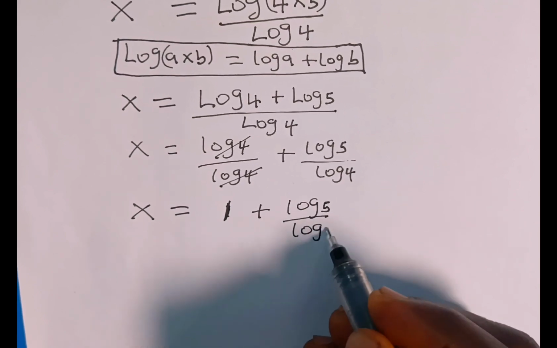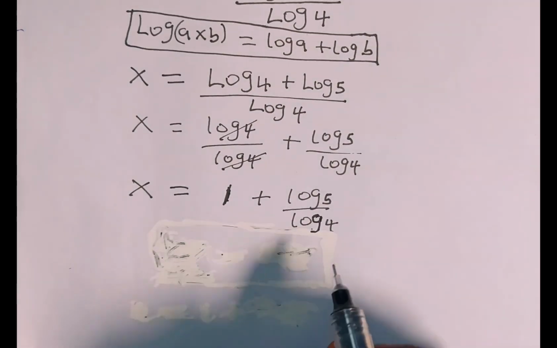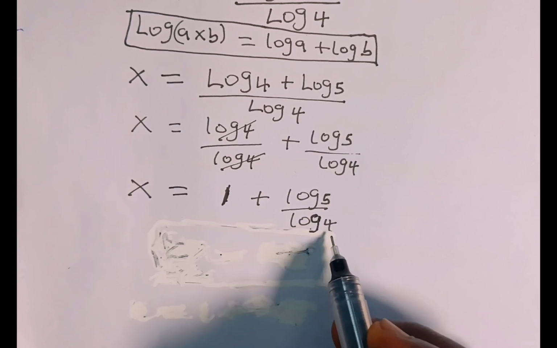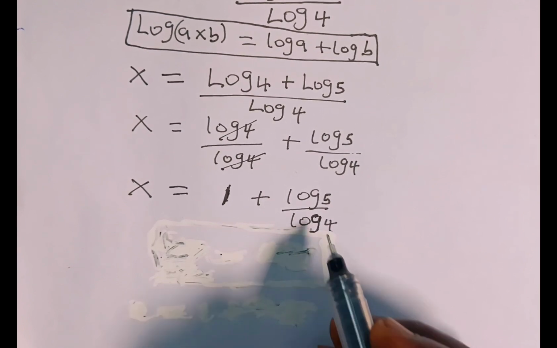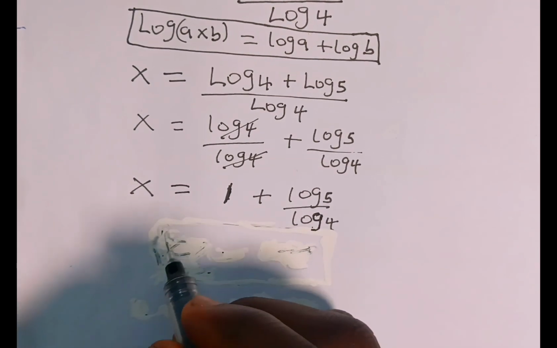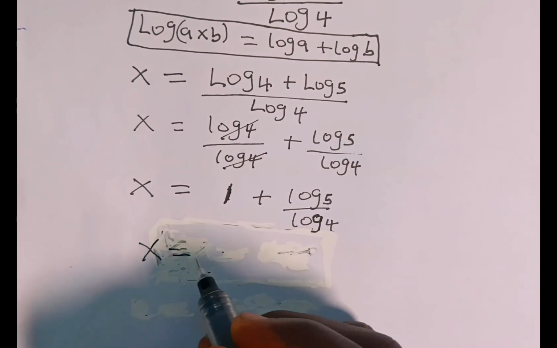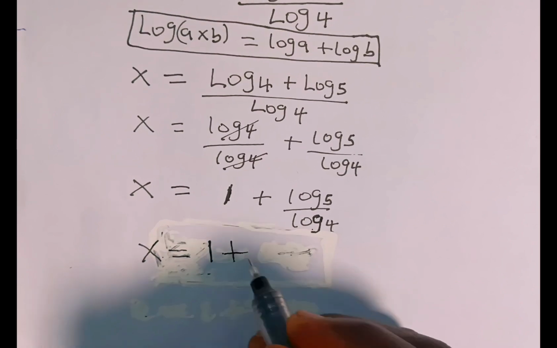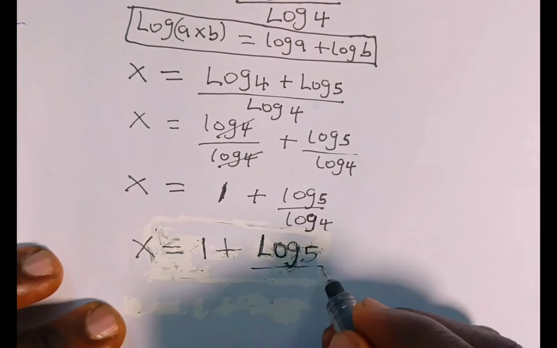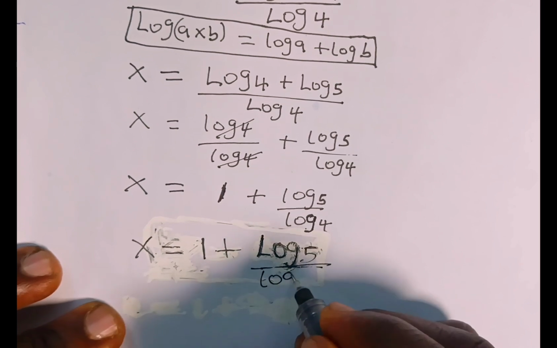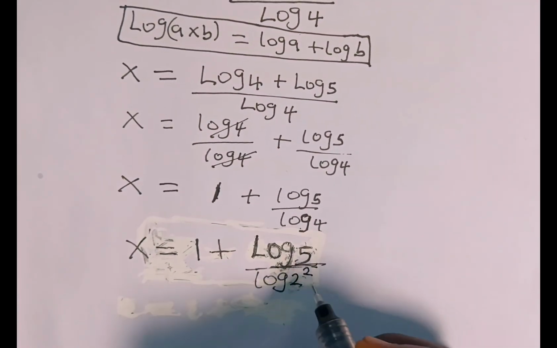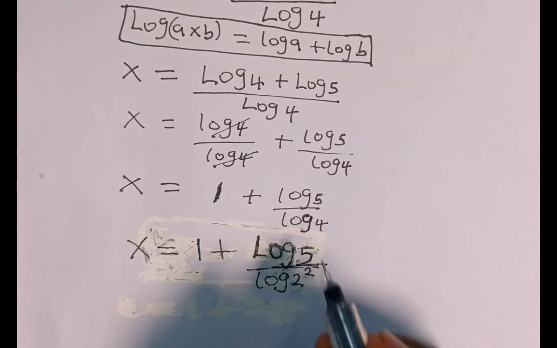The next thing we're going to do is to rewrite this 4 as 2 raised to the power of 2. We're going to transform this 4 as 2 to the power of 2. But this 5, we cannot transform it, so we leave 5 as it is. So x will be equal to 1 plus log of 5, then all over log of 2 to the power of 2 in place of 4.